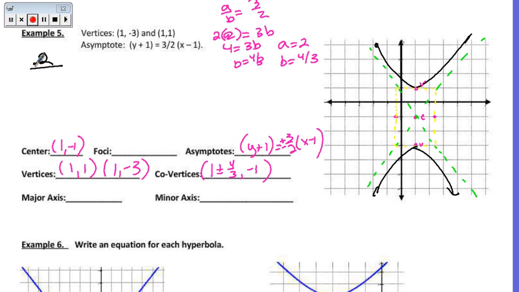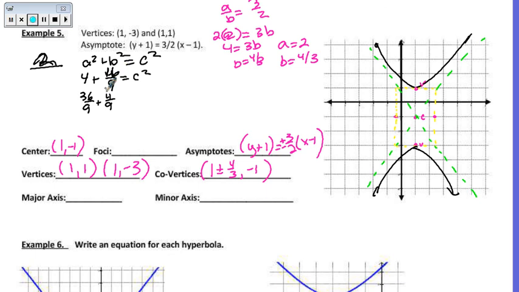So a squared plus b squared is equal to c squared. I know this is going to be 4. This is going to be 4 over 9. That's going to be equal to c squared. If I change this over to match the fractions here and combining these guys up, I'm going to wind up with 36 over 9 plus 16 over 9, sorry, that should have been 16.